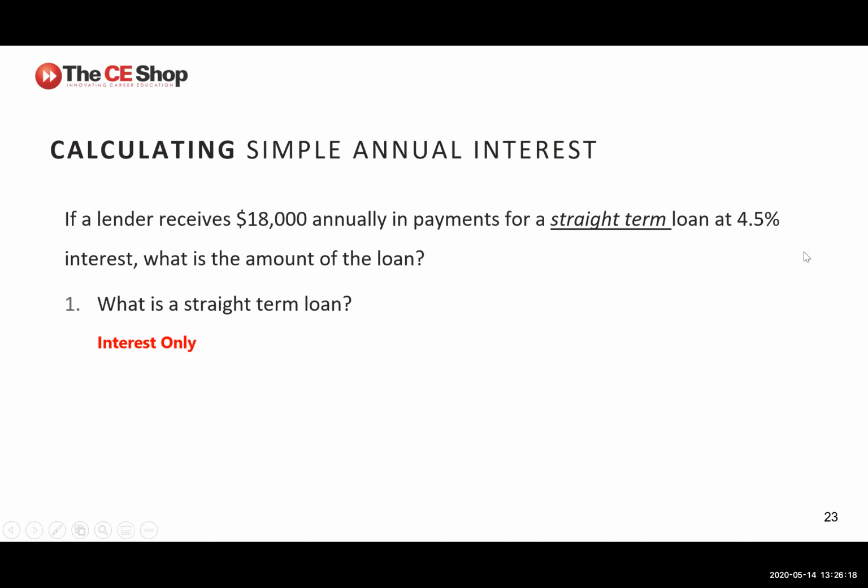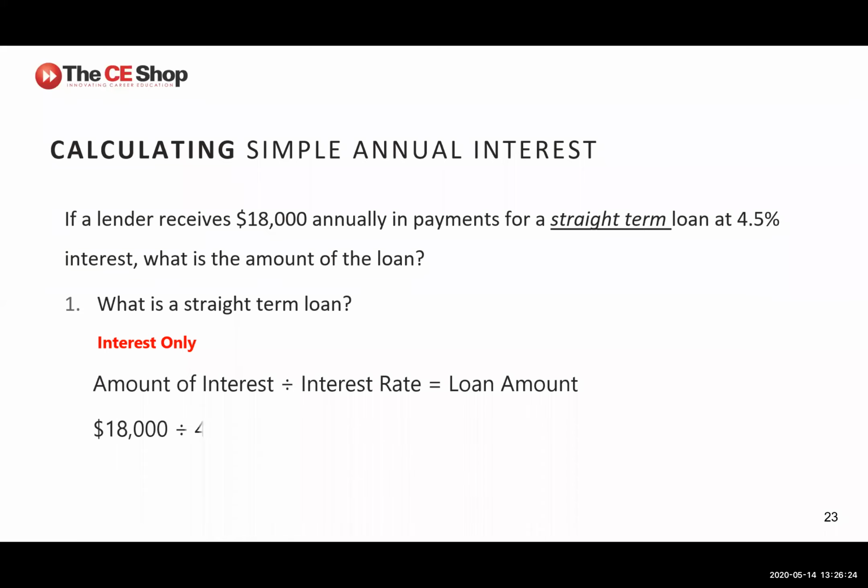We'll worry about the principal later. So the amount of interest divided by the interest rate is the loan amount. 18,000 divided by 4.5%. You borrowed $400,000. And that's it. Just one simple calculation, and you've got your answer.